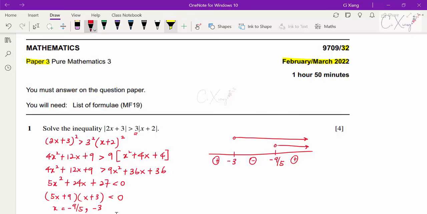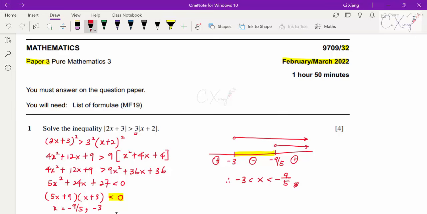So for this question, we are looking for smaller than 0, which means we are going to focus on the negative part. The negative part for this expression would be this one. So from the number line, I can see that the answer will be x greater than negative 3 and x smaller than negative 9 over 5.